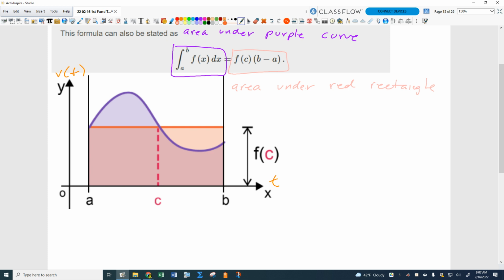So the area divided by the width should give me the height of the rectangle, shouldn't it? So therefore the average value, f of c, just equals the total area divided by the width of the area.